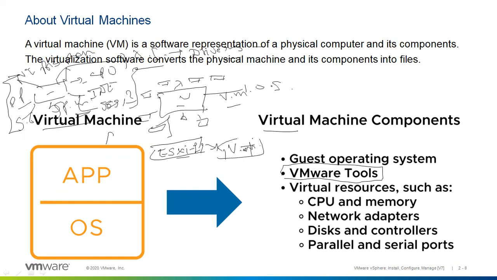So what is VMware Tools? VMware Tools is a set of drivers used to operate all the virtual components available inside your virtual machine. By default, some native drivers are built in, but to add additional drivers, we need to use these tools, which are available as a set of drivers in my ESXi.